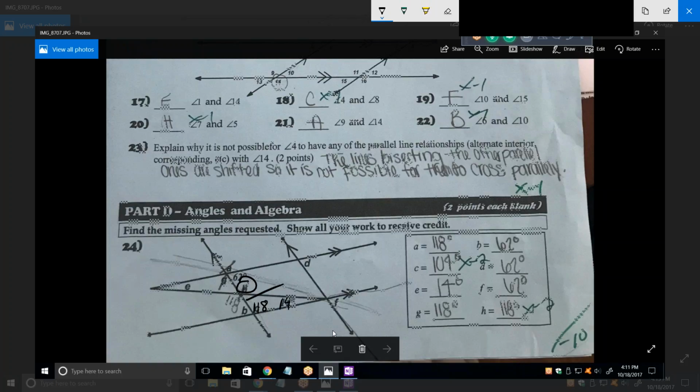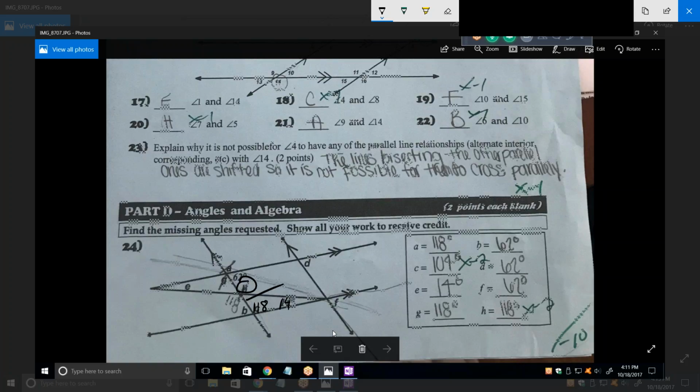What's this angle right there? Based on the fact that the sum of the angles of a triangle is 180, it would be 180 minus 132.